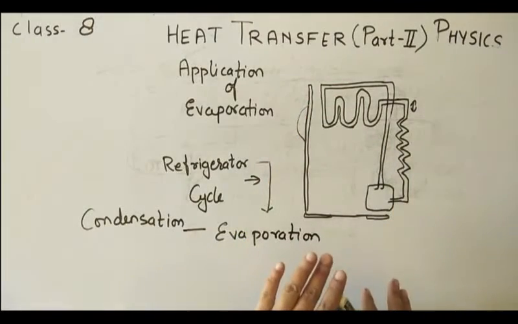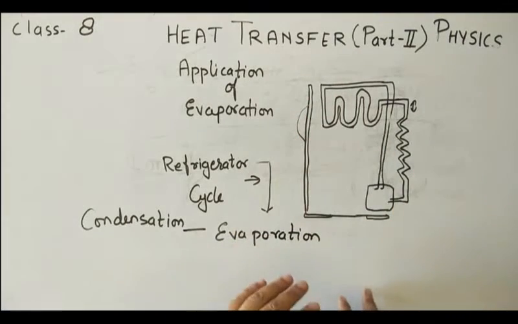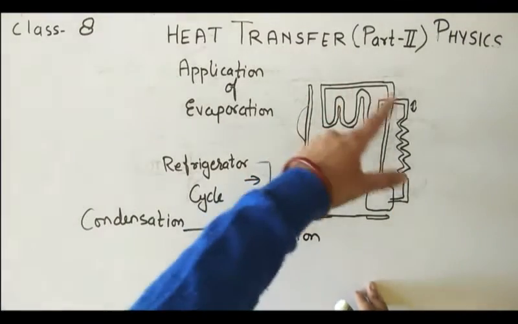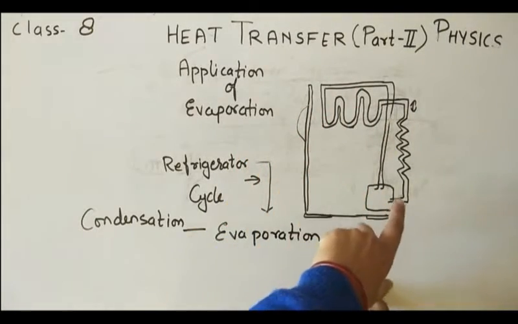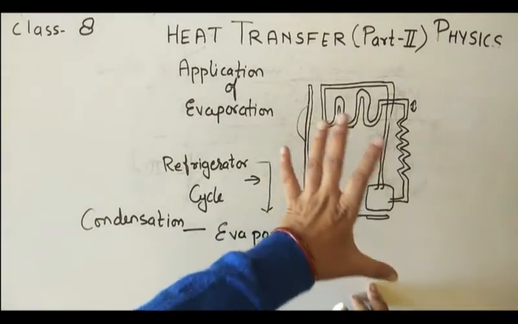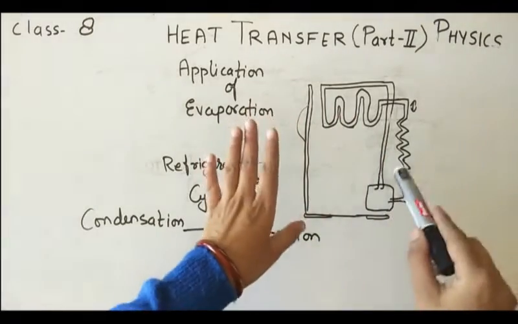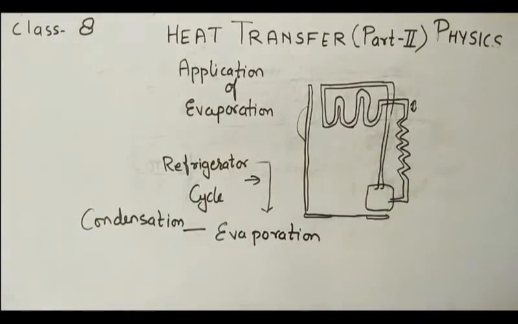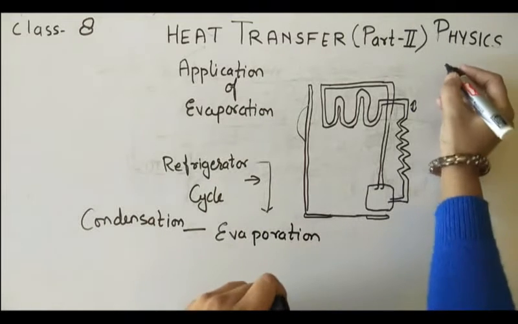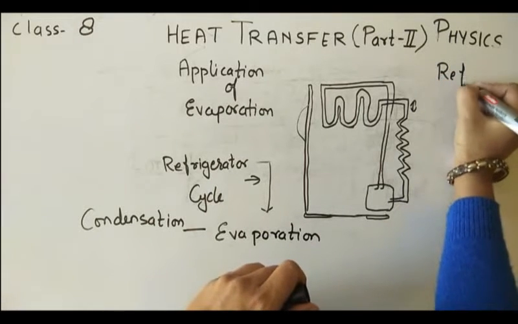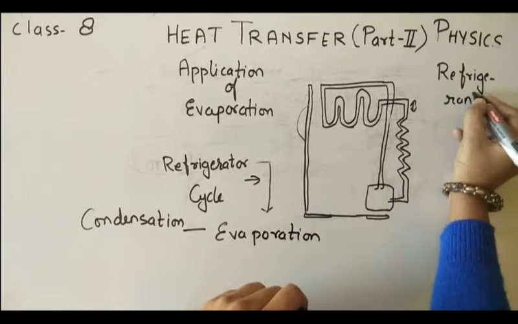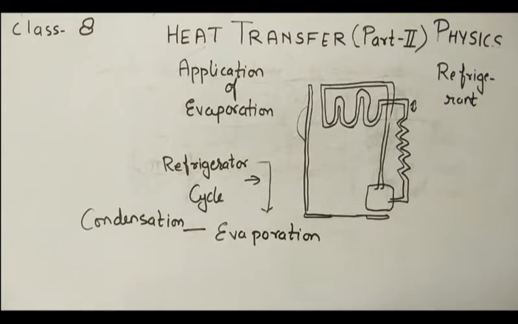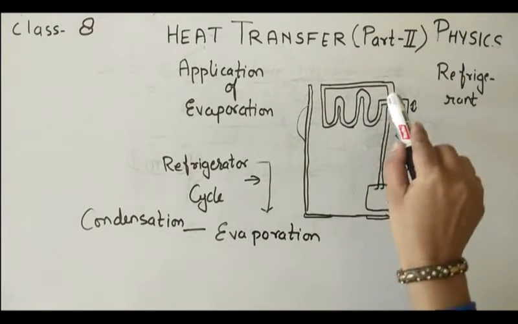I have drawn a rough diagram of a refrigerator. As you know, a refrigerator has a compressor, which is a very important part of it. All refrigerators have a liquid known as the refrigerant, which passes through a series of tubes.